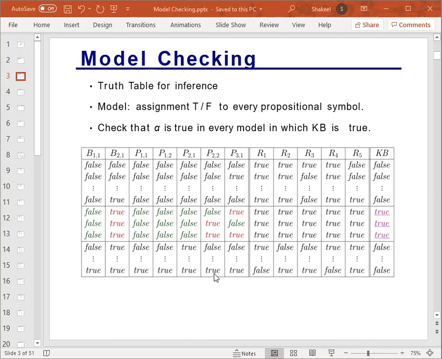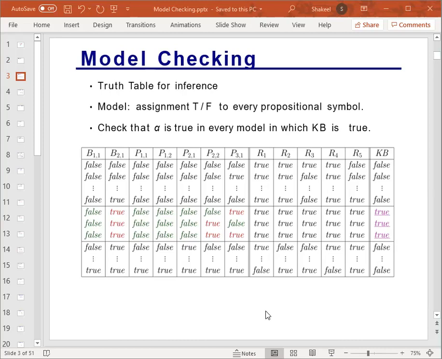If you look at P22, P22 could be either true or false whenever KB is true. So we cannot really say that KB entails P22, at least at this stage in which the agent explored the bottom left corner of the environment.